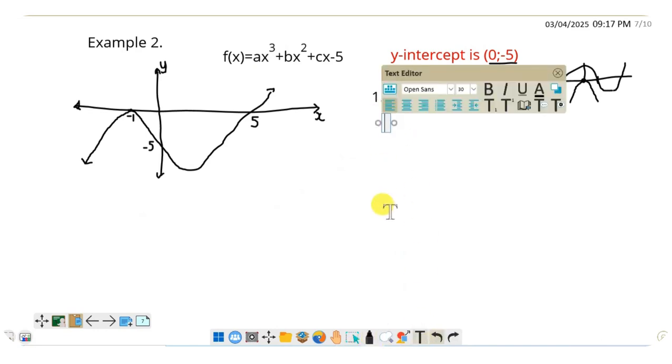So we'll say f of x equals a times, okay, x minus, x minus 2, oh sorry, x minus 3.